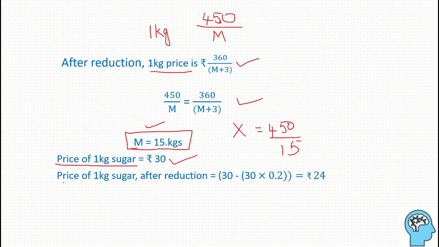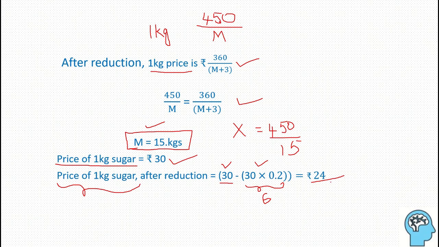And after reduction, the price of 1 kg of sugar is 24 rupees. Have you got it? You can just reduce 20% from the original price. The original price is 30, and 20% of 30 is 6.